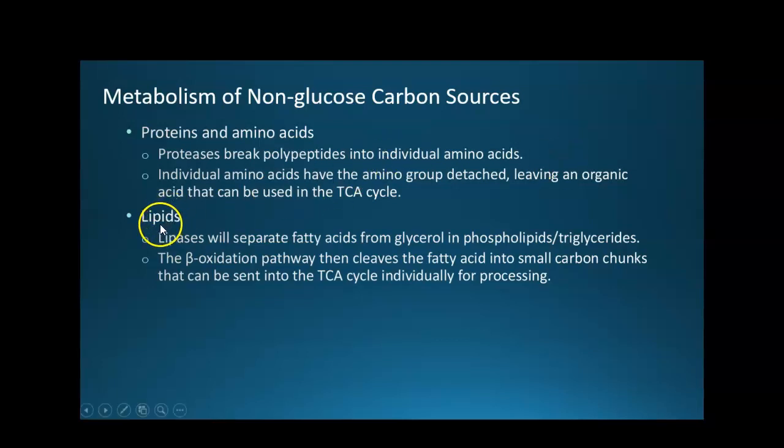And then absolutely lipids. Lipids are just carbon, hydrogen, and oxygen primarily. You can attach some different groups if you like and make them slightly different. But if you look at a carbohydrate, it's carbon, hydrogen, and oxygen. They're just attached a little bit differently. So by using lipases, we can do a couple of things here. We can separate the fatty acids. You think about phospholipids: they have a phosphate head and fatty acid tails. Strip off the fatty acids and you've got your lipids. You've got various triglycerides, which are like the little microscopic fats.